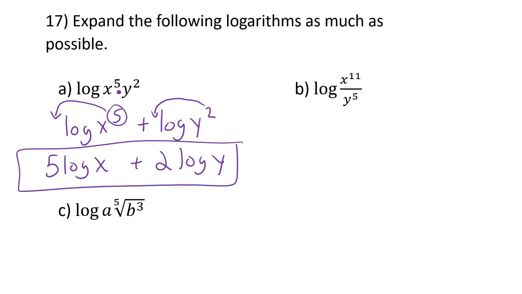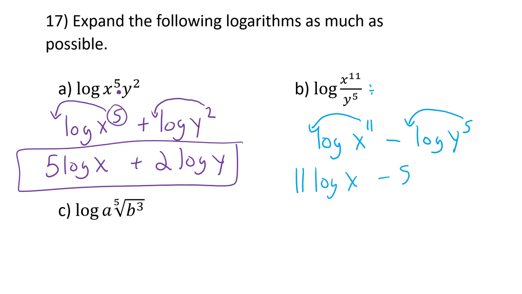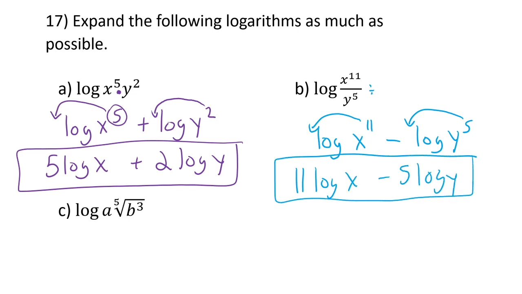Part B, the fraction is our division. Therefore, when we expand it, it would be considered a subtraction sign. Numbers that are exponents get moved in front. And you've expanded. Part C, when you have a rational exponent or a radical, we're going to write it as a rational exponent.